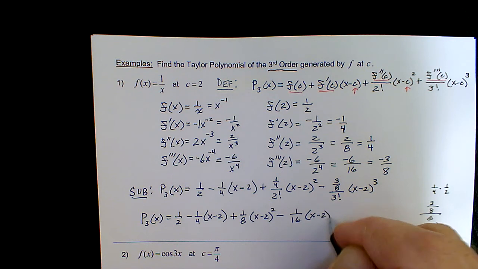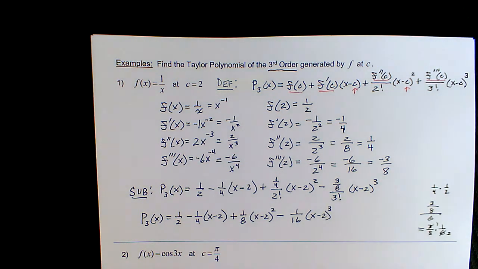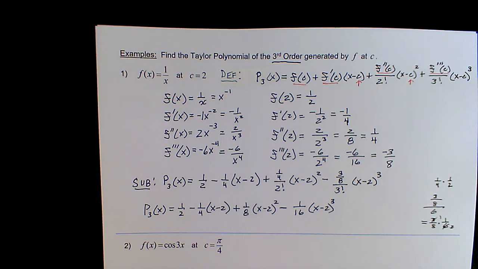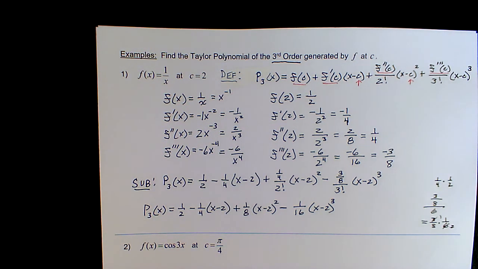And that's x minus 2 as a quantity cubed. Okay, so that polynomial approximates the function 1 over x, just like we saw earlier with e to the x, if we graphed the terms, they match the function.